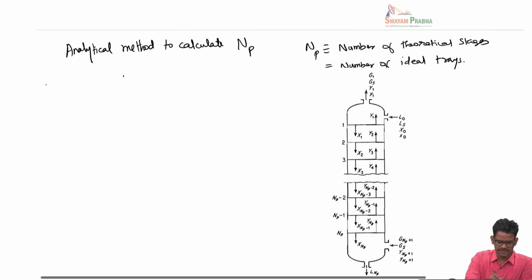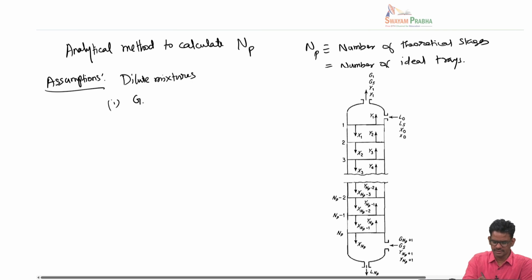The assumptions are: dilute mixtures, so that I can write G1 is almost equal to GNP+1, almost equal to GS.